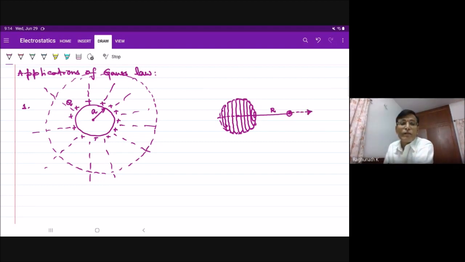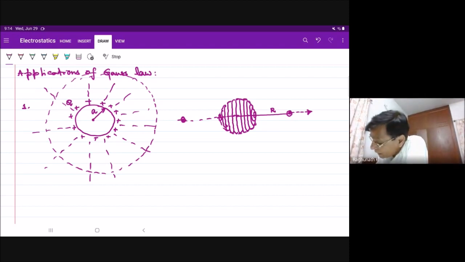Same thing: if I consider this point, I can say that again similar ring charges are there from this side, because of which the field here will be seen.